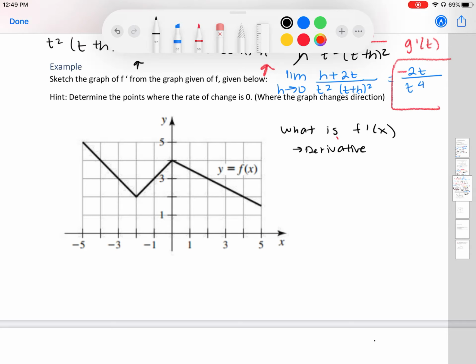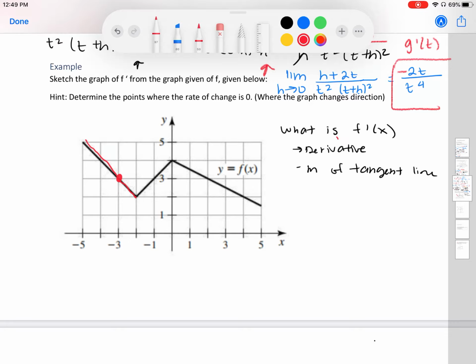It's the slope of our tangent line. Okay, well, if I have a point and I create any random point on the line, say this point right here, well, I already have a line tangent to it. So I just need to find that particular slope.